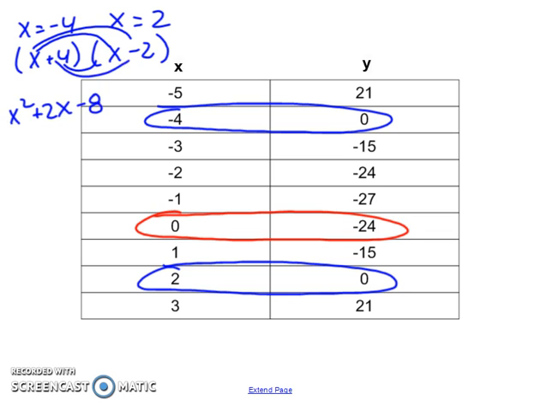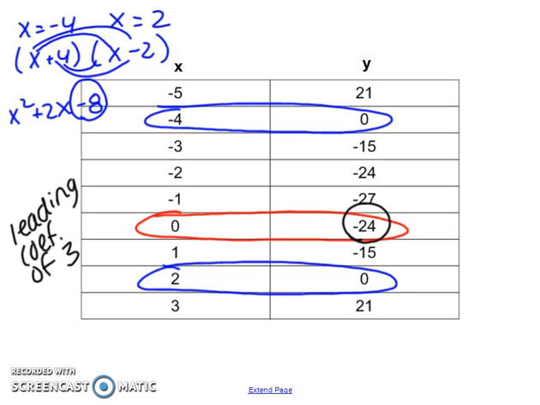So now that we have our function so far, we want to compare the c terms. Since c in this case is a -8, and it has to be a -24, we need to figure out what our leading coefficient has to be. So what do I need to multiply to -8 to make it into a -24? That would be 3. So that means 3 is our leading coefficient.